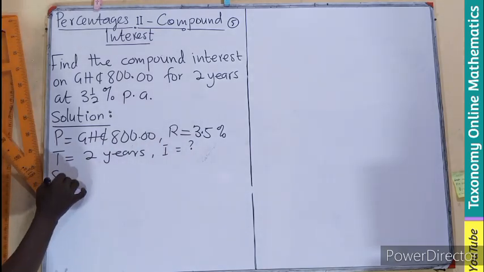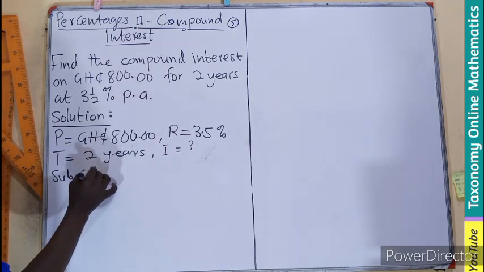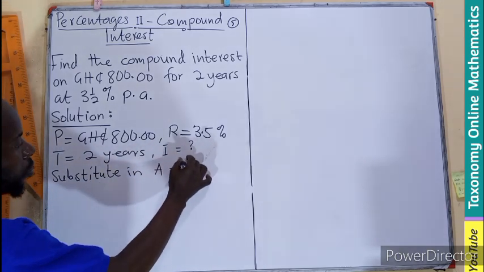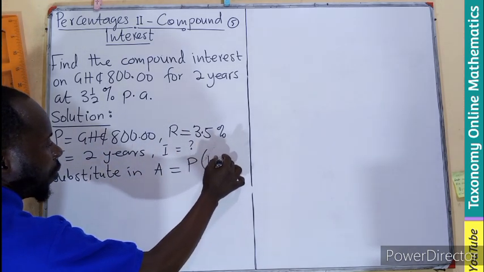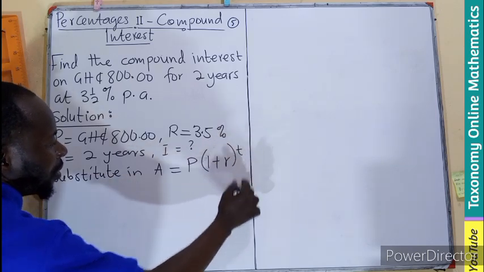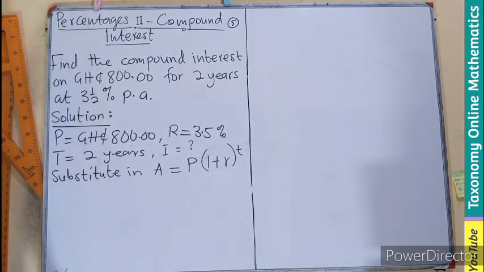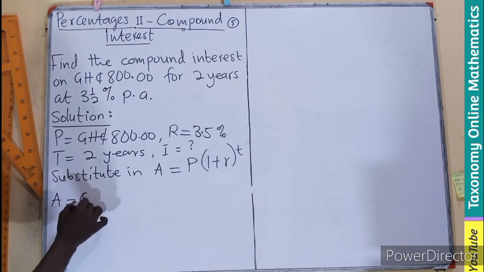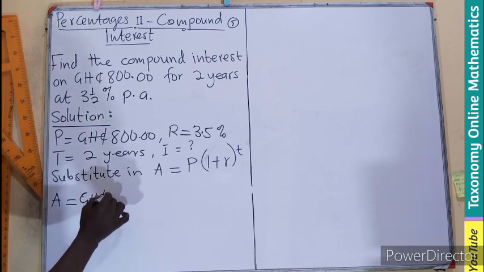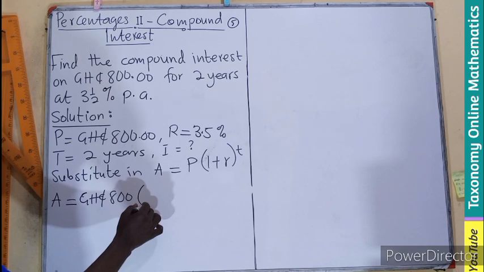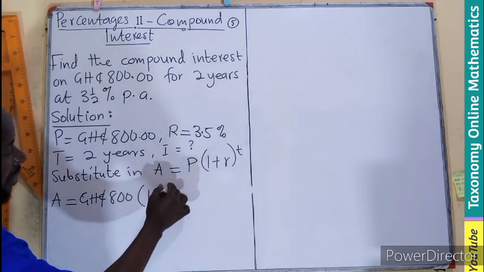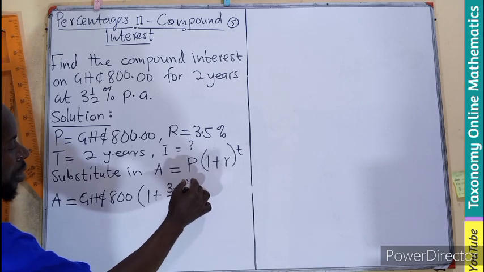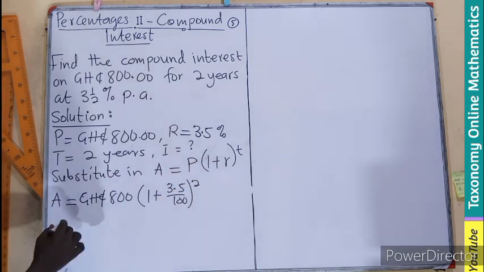So what do we do? We substitute in the formula: amount equals principal multiplying 1 plus rate, all to the power what? T, which is the time. So your amount will be nothing but 800 times 1 plus, let me say 3.5 on 100, all to the power T, which is 2.